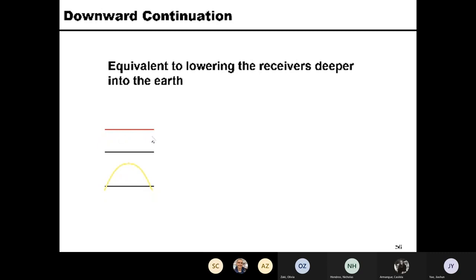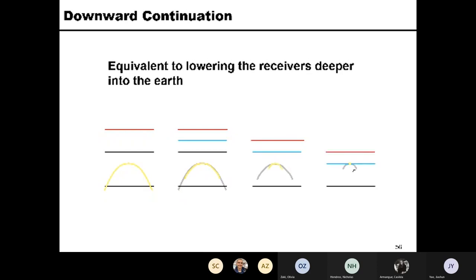If we move this red surface downwards to green, this one from gray becomes yellow, becomes shorter. And further down from red to green, even shorter. And then eventually, when the red reaches this point, it becomes a single point.